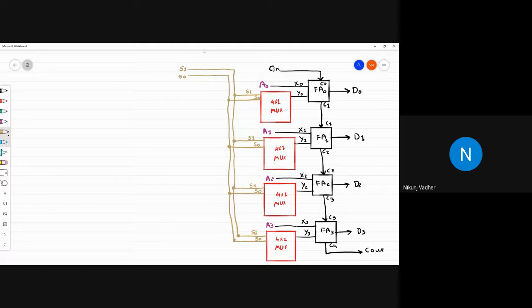So which are those inputs? This is bit number 0. Then similarly we will have bit number 1. Similarly, we will have bit 2.